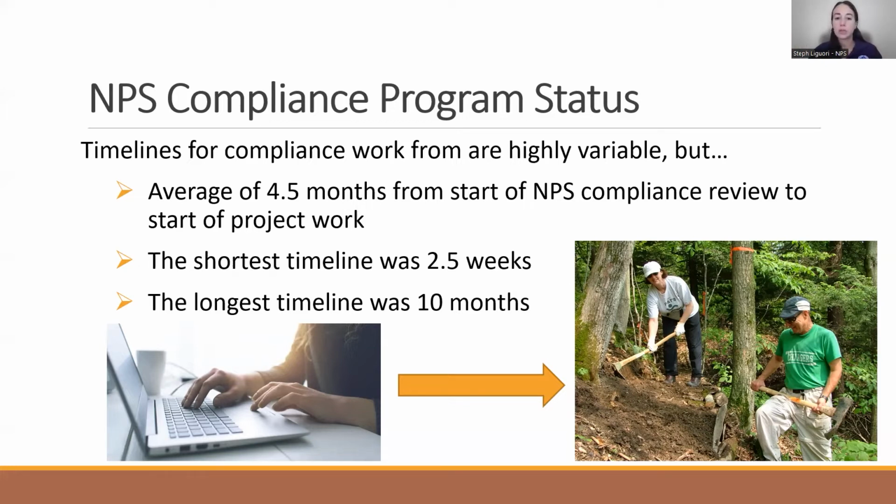Over the past 2 years, there has been an overall average of 4.5 months between the start of an NPS compliance review to the start of when project work starts. The shortest NEPA review took only 2.5 weeks. This was a very simple project where the trail was moving onto another existing trail and there was no notable ground disturbance. The longest NEPA review was about 10 months.